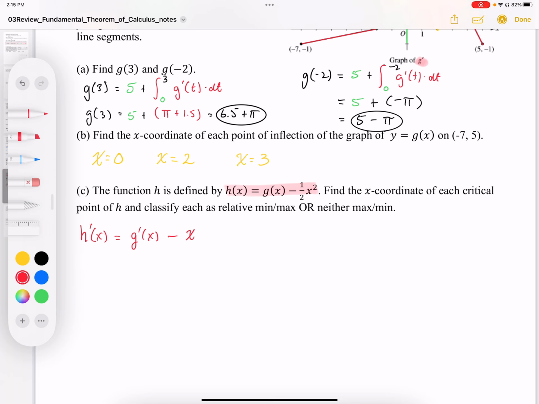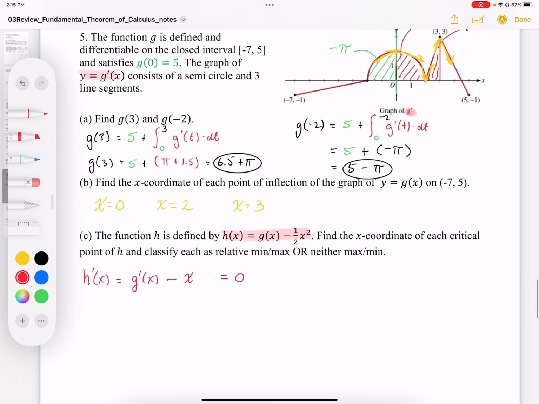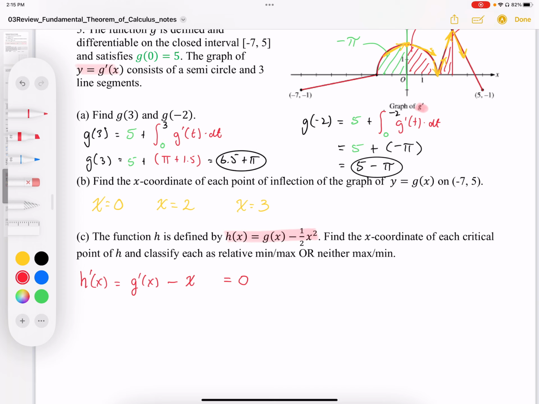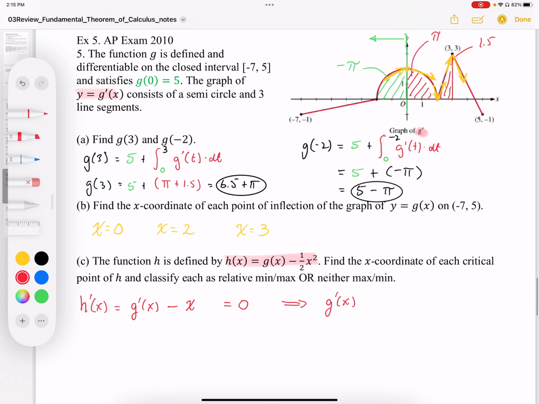We need to see where this is equal to 0. Where is this h prime going to be equal to 0? Well, it's going to be equal to 0 where g prime is equal to x, or where the y-coordinate on this graph is equal to the x-coordinate on the graph.